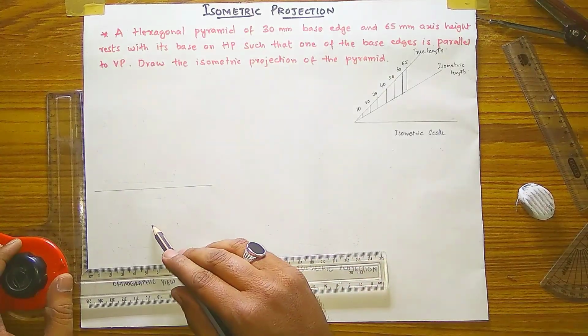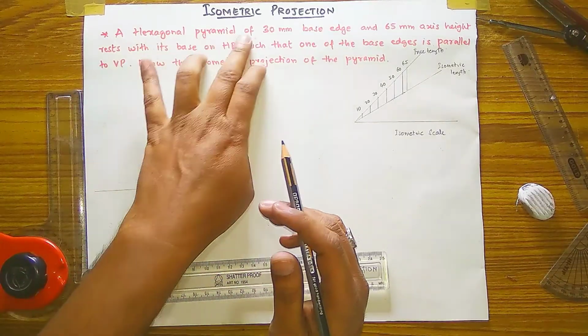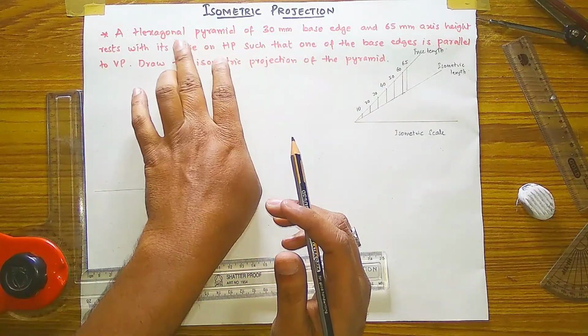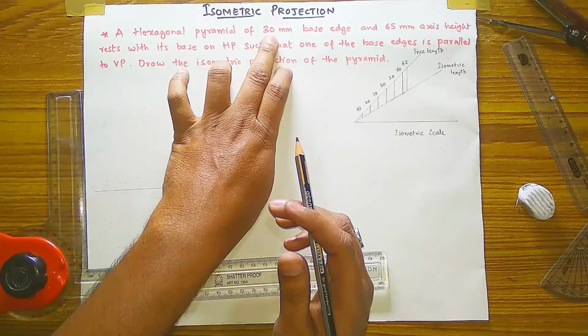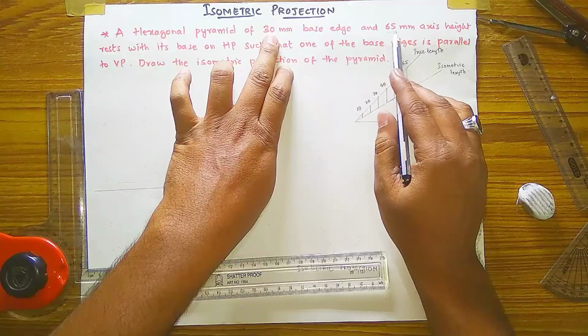Then to draw the isometric in the question, hexagonal pyramid of 30 mm side means you have to draw a hexagon of 30 mm side and a pyramid with axis height 65 mm.